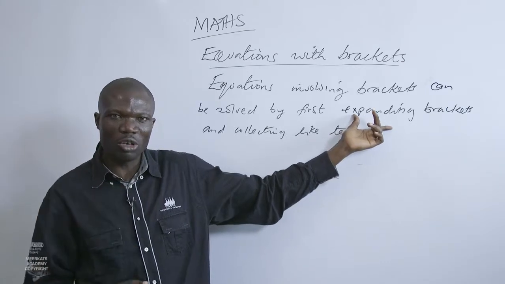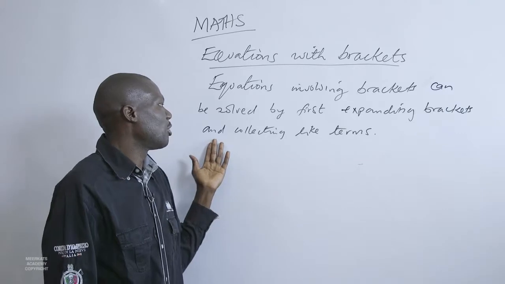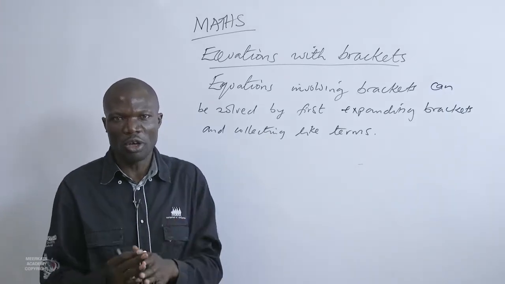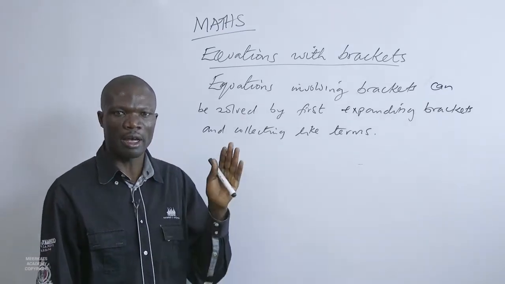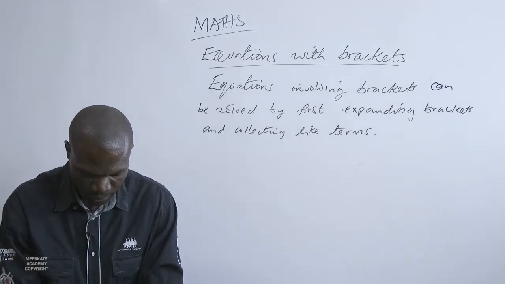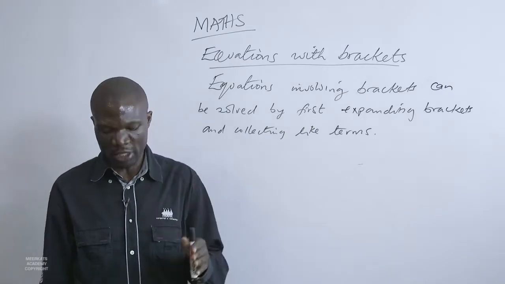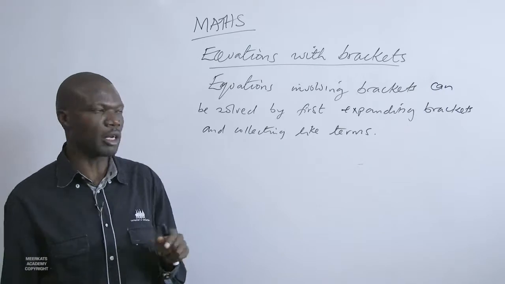And to expand, which law are we using? Distributive law. After expanding the brackets, you collect the like terms. That's what we've seen. We should know how to expand, and we should know that the terms are alike, and we collect them together. So let us now apply what we have gone through and start solving questions related to equations with brackets.